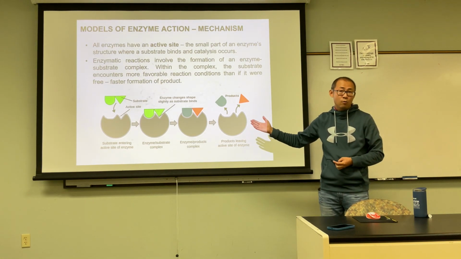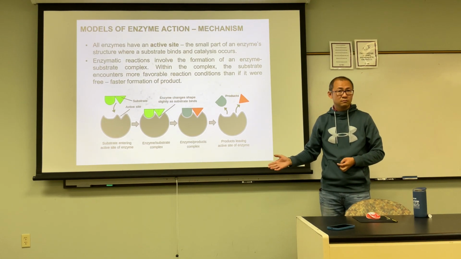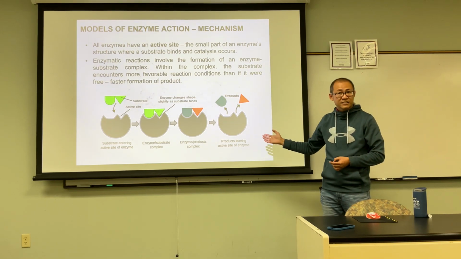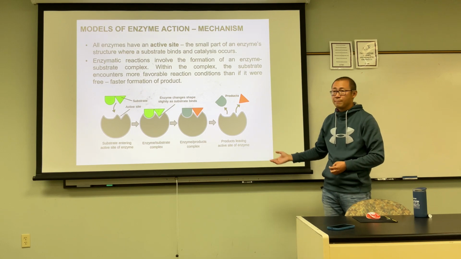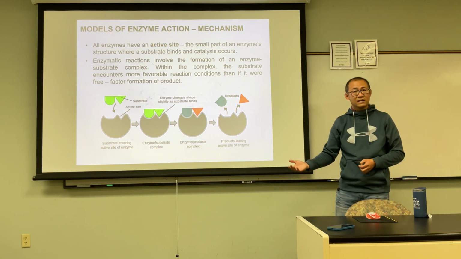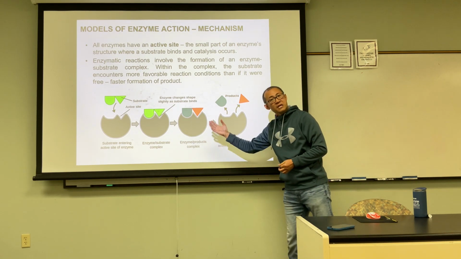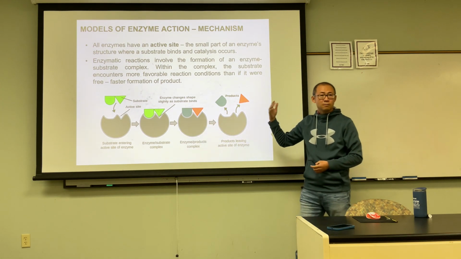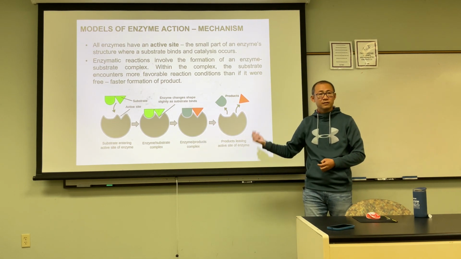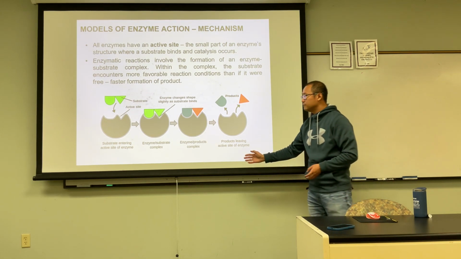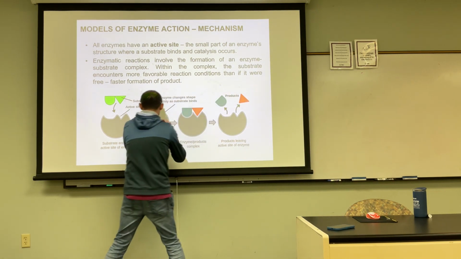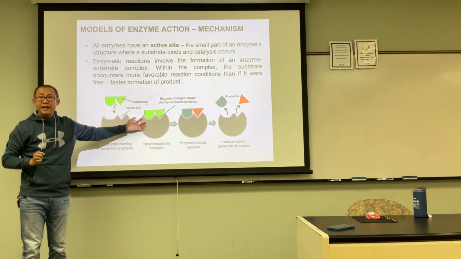Easy, right? But I want you to be able to explain it using the scheme. You don't have to draw it, but you have to know what happens: the active site, the binding, ES becomes EP, products are released, and the enzyme can start again.